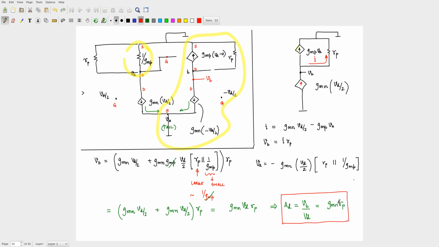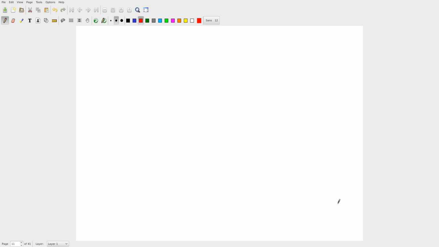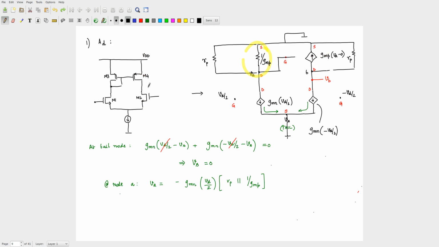Now let's take the second situation, which is analysis of the common mode incremental picture. So the second thing I want to calculate is the common mode incremental picture, and for that let's have the same circuit that we had earlier. Let's start with this picture and then modify it.